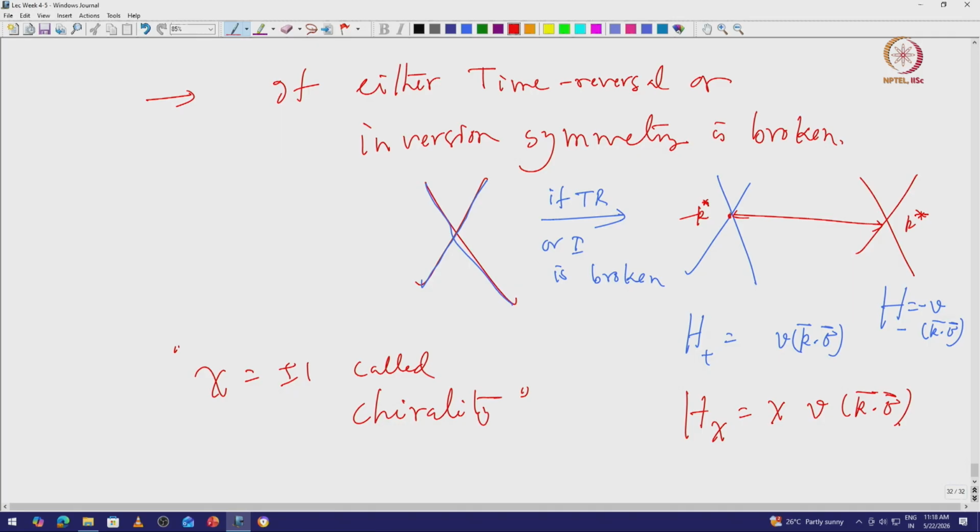So, these are actually at high energy they can be combined, but near this point these are the minimal Hamiltonian that connects them. So, the typical bases which will give such four-fold degeneracy are 2 orbital, 2 spin.